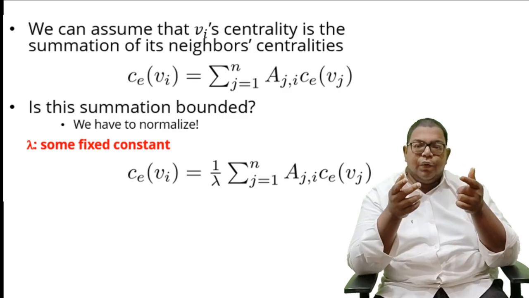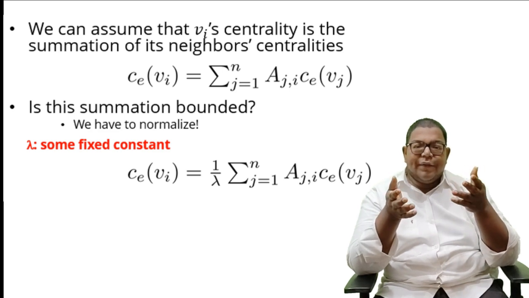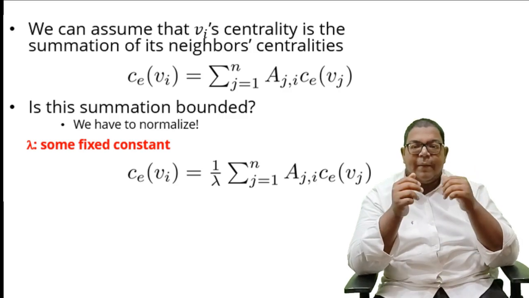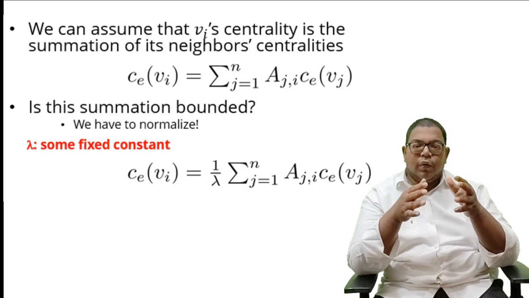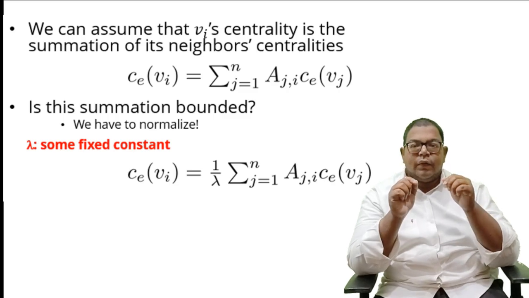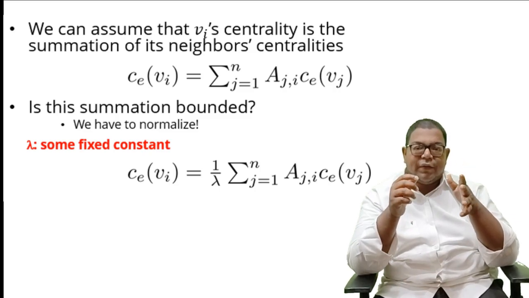Since I assume that it is proportional, I will introduce a constant called lambda. So Ce of Vi, the centrality of node Vi, will be equal to 1 upon lambda times the summation over j of Aij times Ce of Vj. So the centrality of Vi is 1 by lambda times the sum of the centralities of its neighbors.